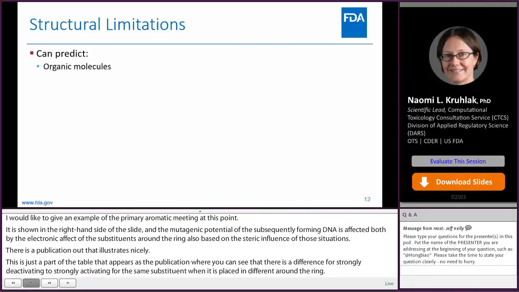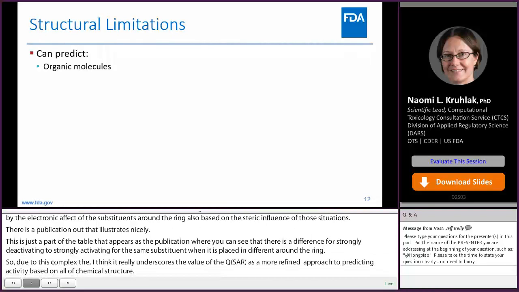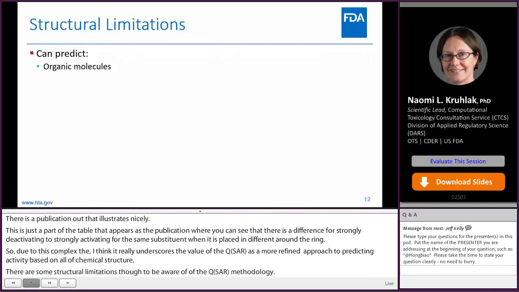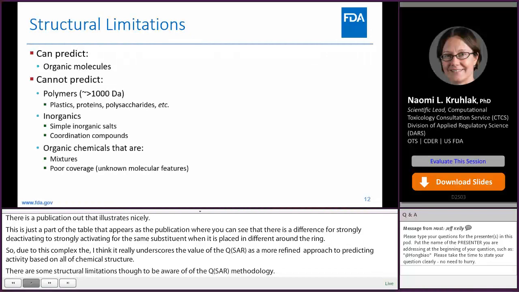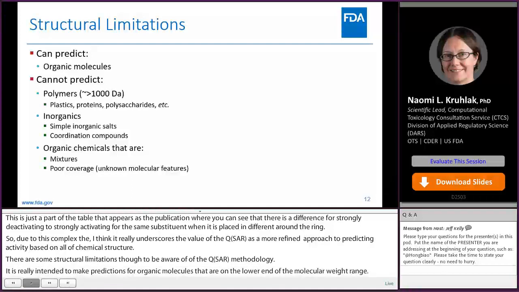There are some structural limitations, though, to be aware of in the QSAR methodology. It's really intended to make predictions for organic molecules that are on the lower end of the molecular weight range. When we get up to larger molecular weight molecules, such as polymers, plastics, proteins, polysaccharides, the model is not going to take into consideration higher level parameters that may affect their physical chemical properties, so for that reason would not be appropriate.